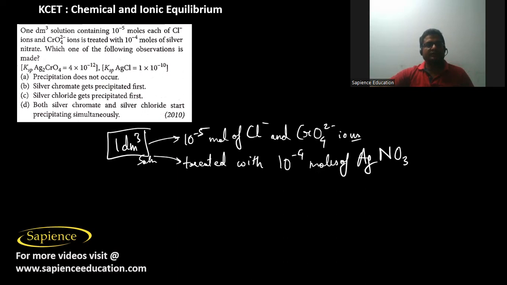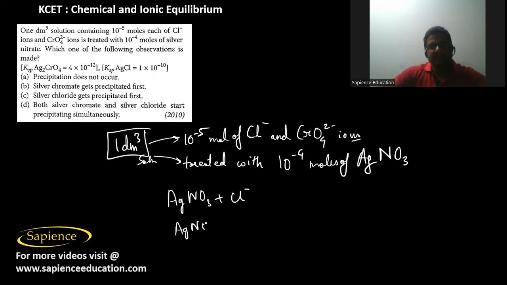Which of the following observations is made? Now here AgNO3 can react with Cl minus ions, or AgNO3 can react with chromate, CrO4 2 minus ions.